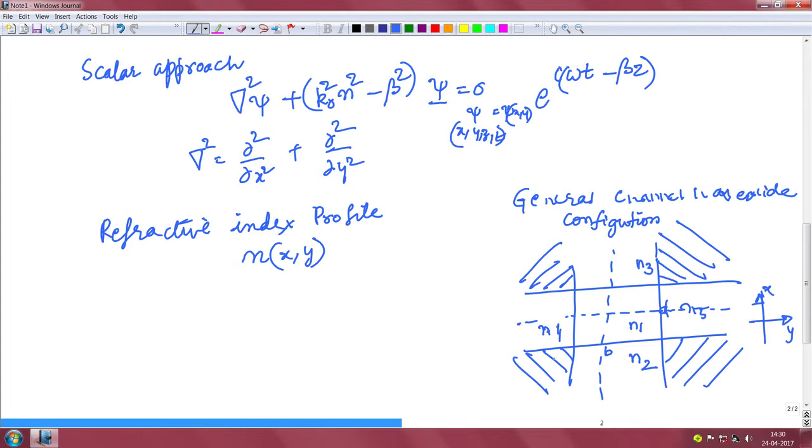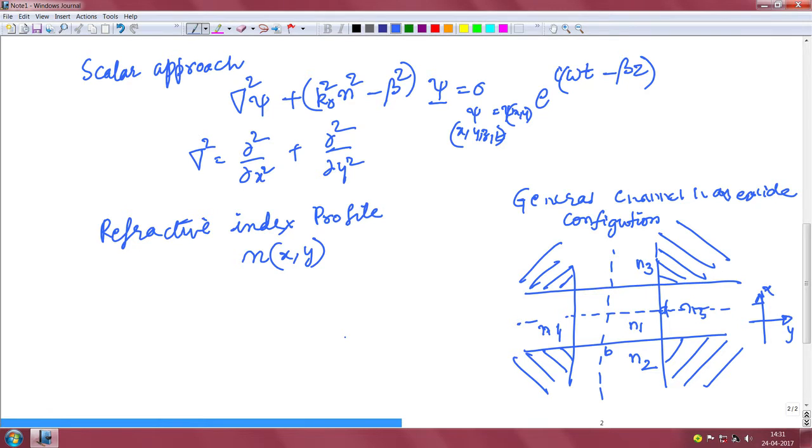So, in each of the regions, by considering the field to be a product of fields varying in the x direction and fields varying in the y direction, we can express the mode fields in each of the regions separately and then use the boundary conditions to find out the expressions relating the mode fields, the propagation constant and so on.